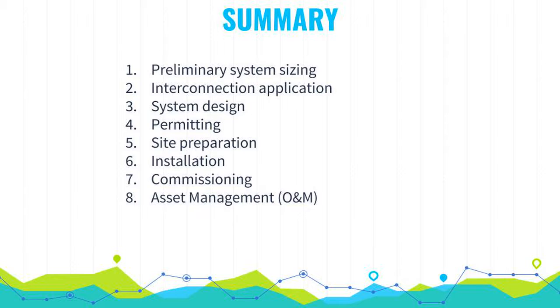Congratulations on finishing this section. Once again, we reviewed the preliminary system sizing. That is the area that we have to work with and the connection strategy, etc. The interconnection application, in other words, the application we need to provide to the utility to connect to the grid.